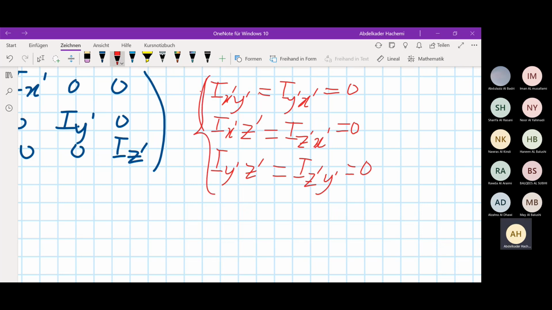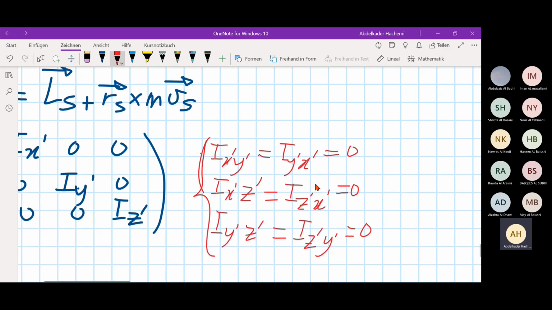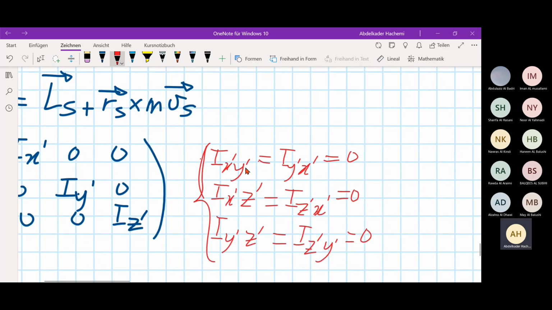This is all components here. There is symmetry here, and these will be considered as 0 as x prime, y prime, z prime are the principal directions.